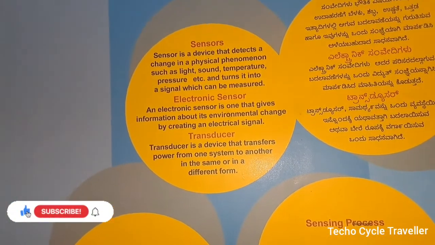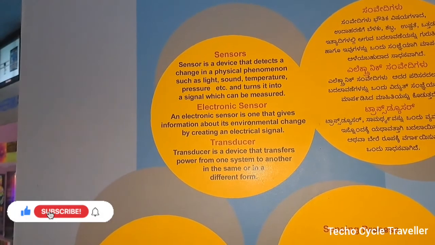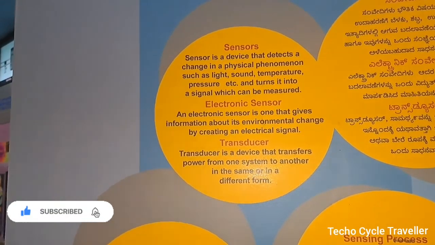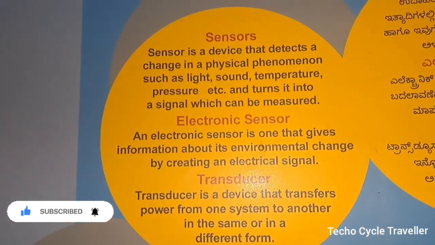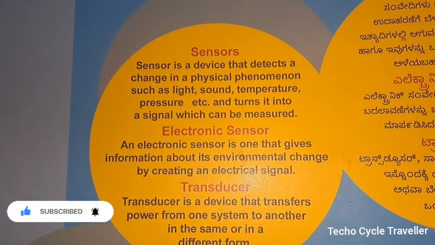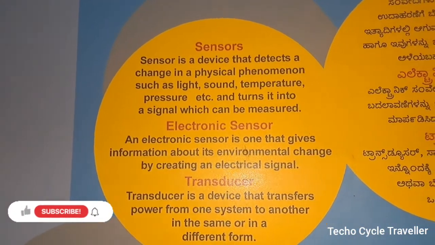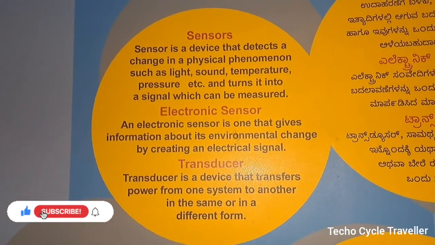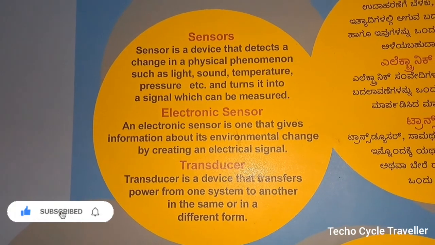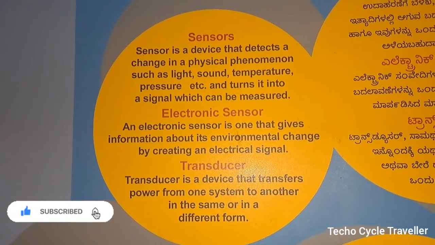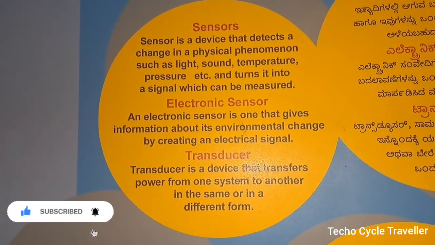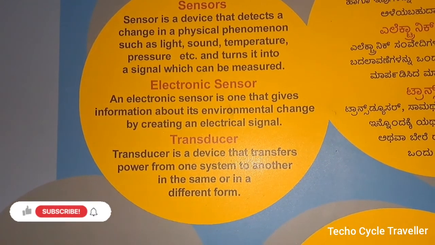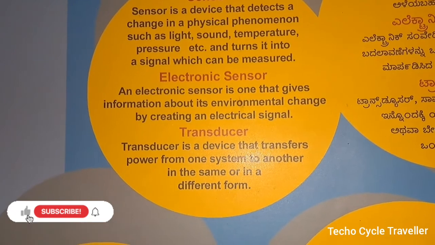A sensor is a device that detects change in a physical phenomenon such as light, sound, temperature, pressure, etc., and turns it into a signal which can be measured. An electronic sensor is one that gives information about its environmental change by creating an electrical signal.